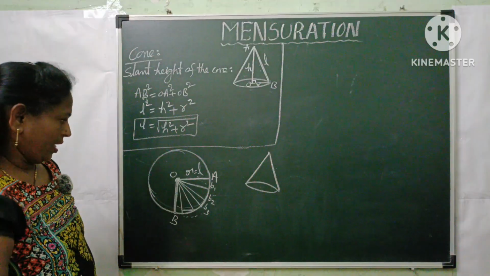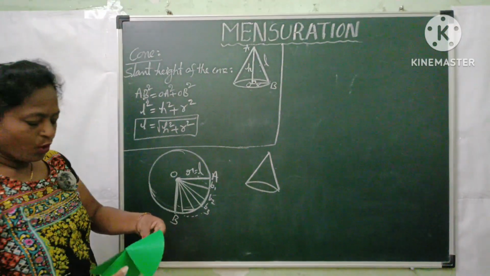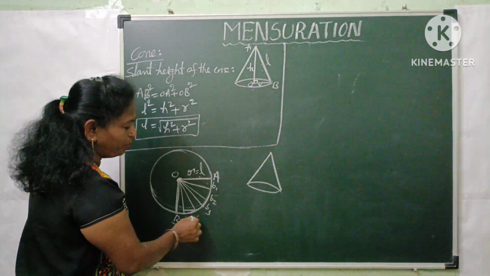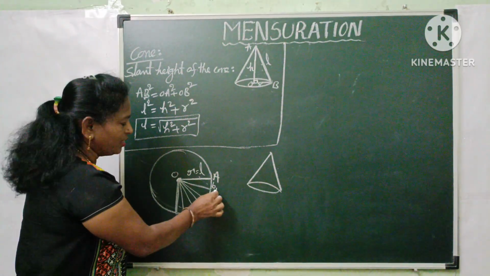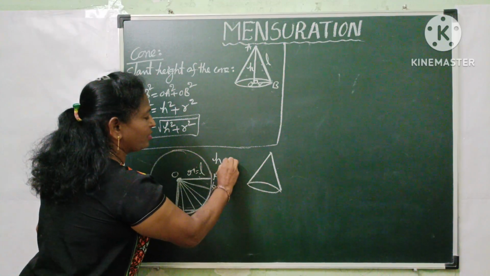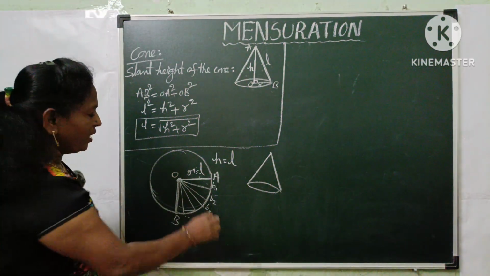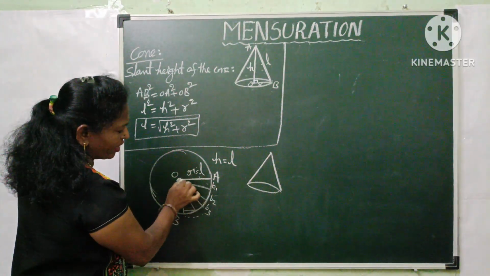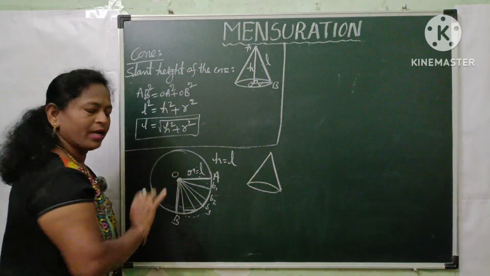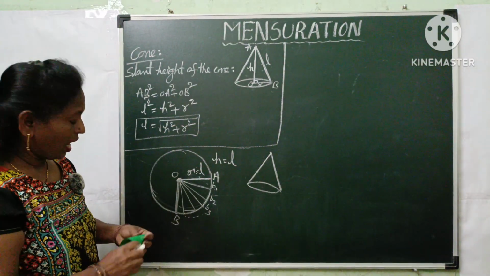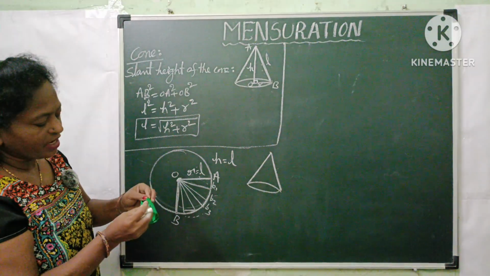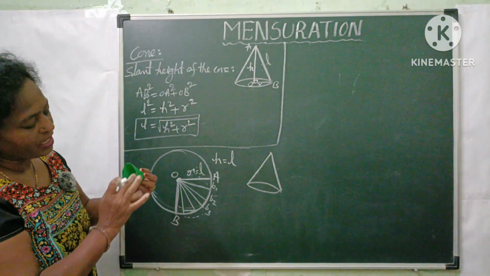Now, if you hold this cone, these are the small triangle bases, and the height is the slant height L. The bases are B1, B2, B3, but the height is the same, L, the slant height. When you join these edges A, B, it forms the circular face.